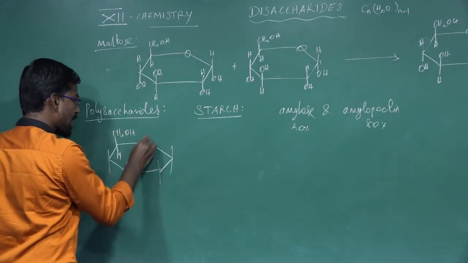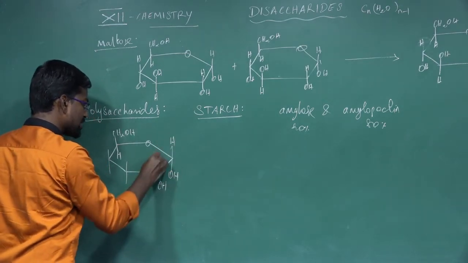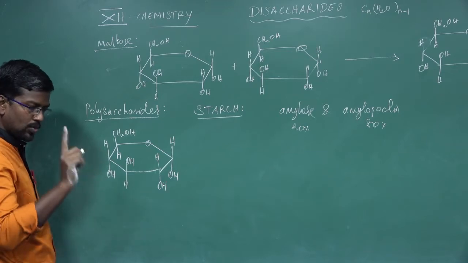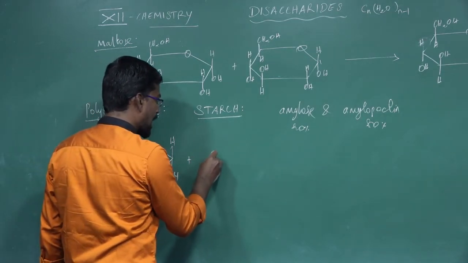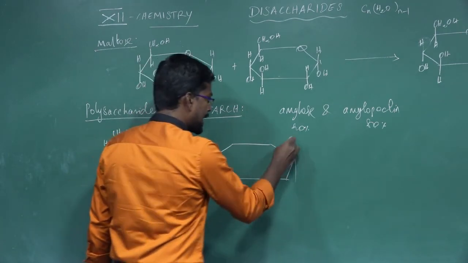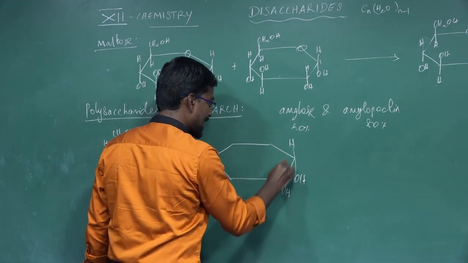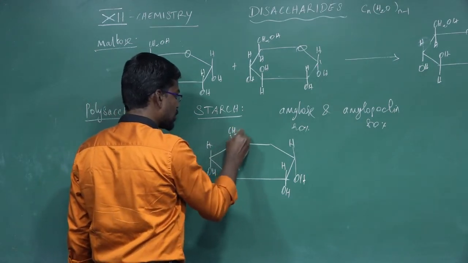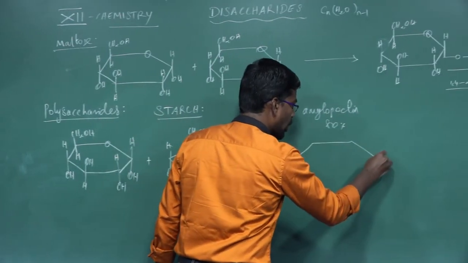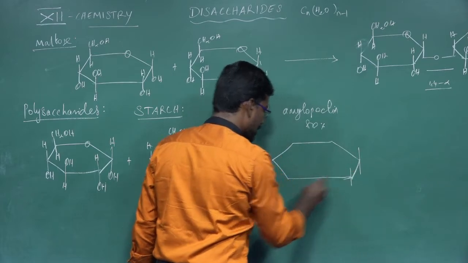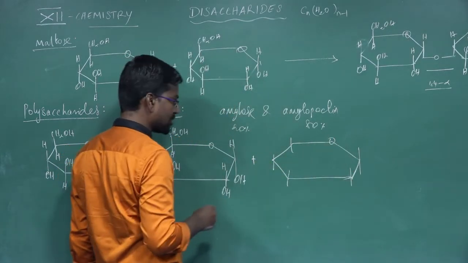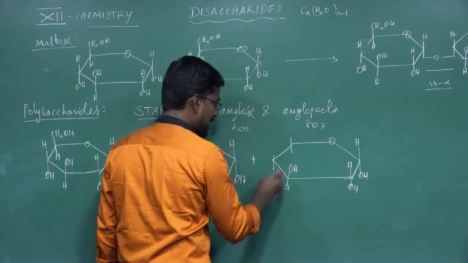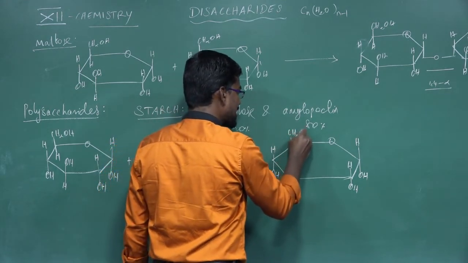One mole of alpha D glucose can be combined with another mole, and again combined with another mole, because amylose is a polymer of a number of monosaccharide units linked with each other through OH groups.